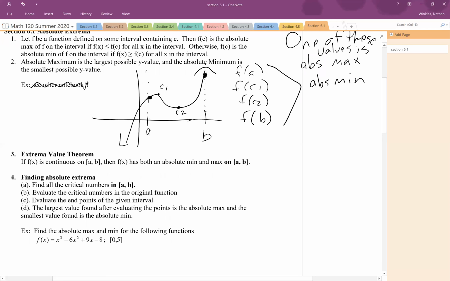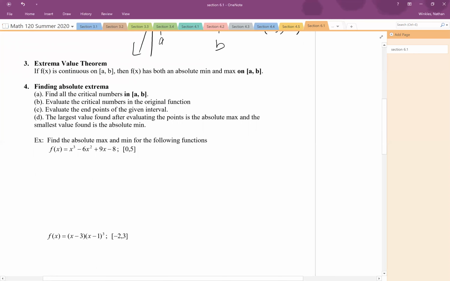So what does that tell us in terms of problems now? So we need some extra theorems in our process to really know what we're doing here. So the first one we have is our extreme value theorem. It says if f of x is continuous on the closed interval AB, then f of x has both an absolute min and an absolute max on that interval.